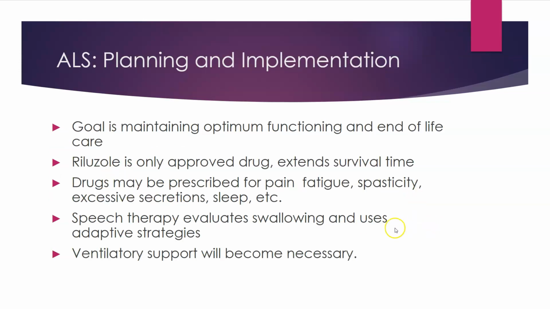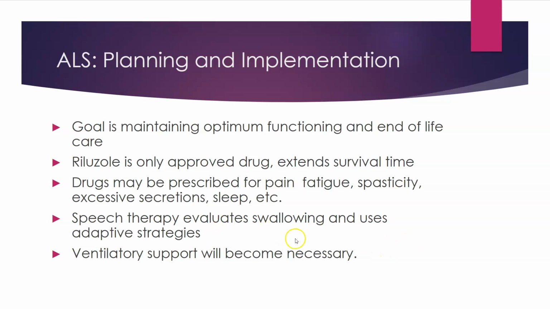For planning and implementation, we try to maintain optimal functioning until end of life care is initiated. There are some different medications that can extend survival time, as you can see here. But there are also other meds for supportive care for pain, fatigue, spasticity, secretions, sleep, etc. Physical therapy, speech therapy, and occupational therapy definitely can be used with this.